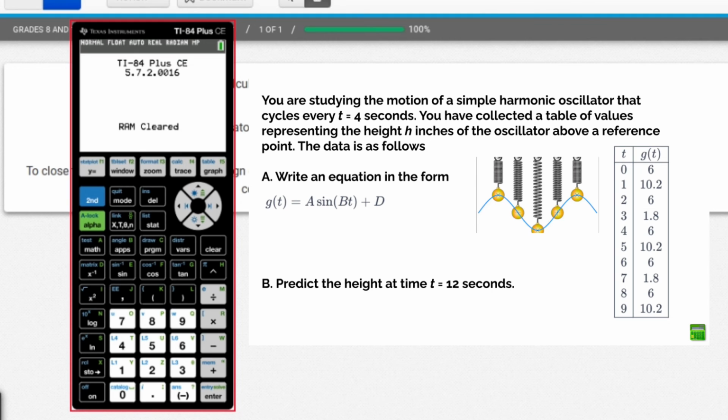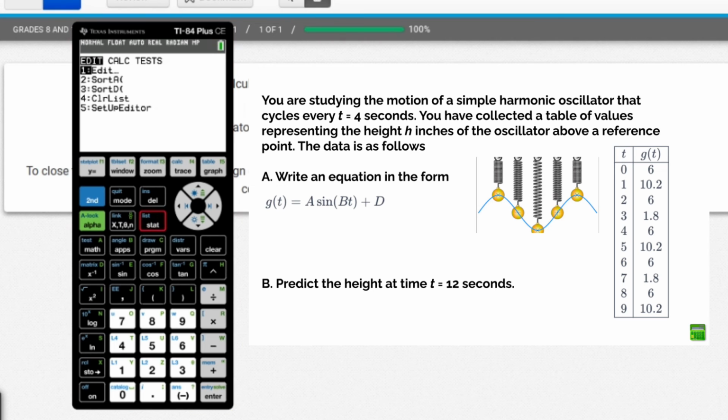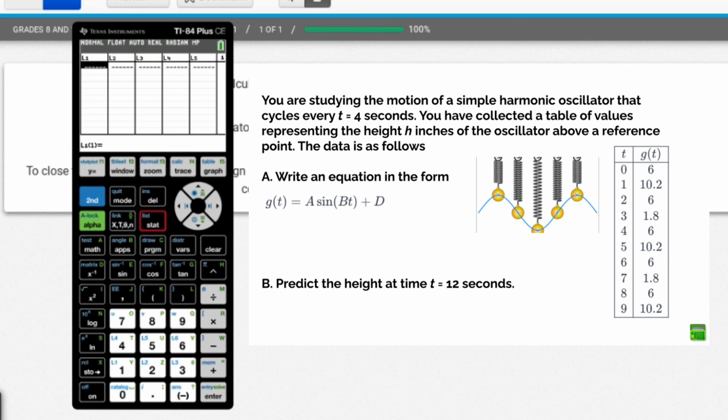We're given a table of information, and we're going to use sinusoidal regression to figure out what that information is. So first things first, hit stat, hit edit, and let's type those numbers in from 0 all the way up to 9.